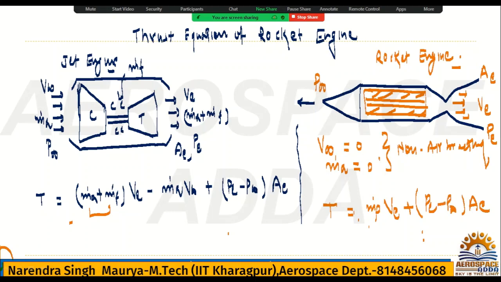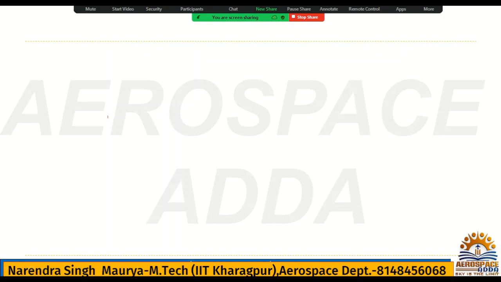Okay, fine. So what is the thrust? I have compared this, and finally I got the thrust equation: m dot p into Ve plus (Pe minus P infinity) into Ae. No need to derive, I just compared from there and wrote this thrust equation.